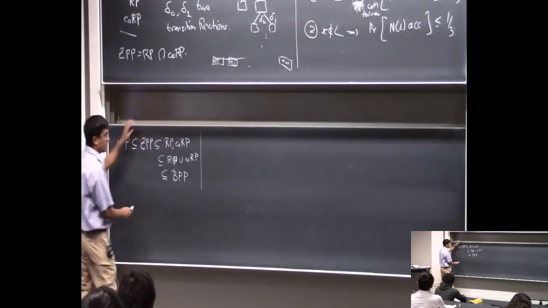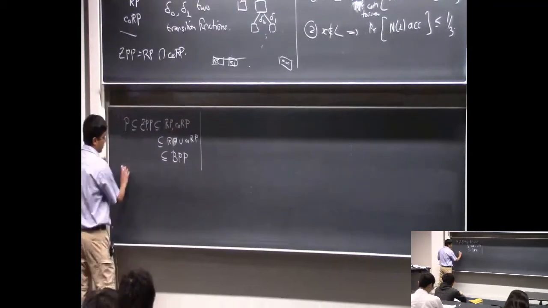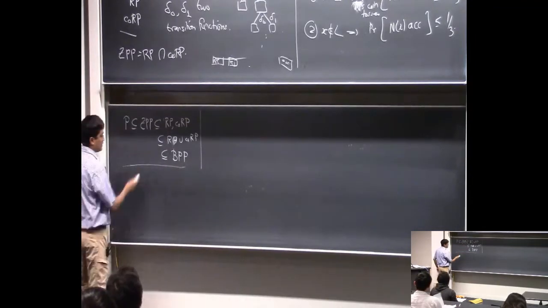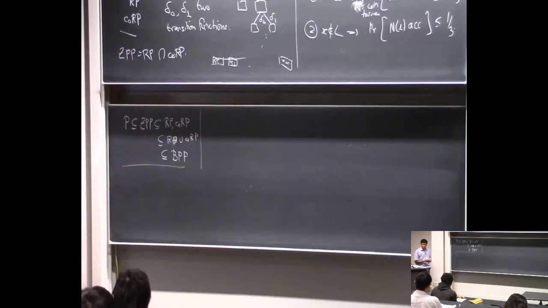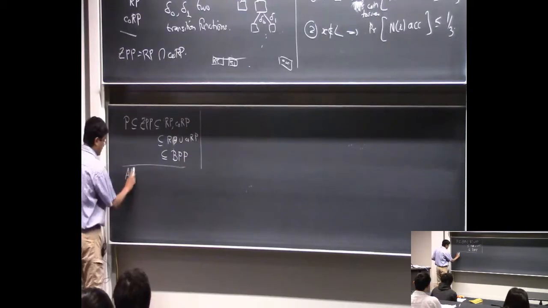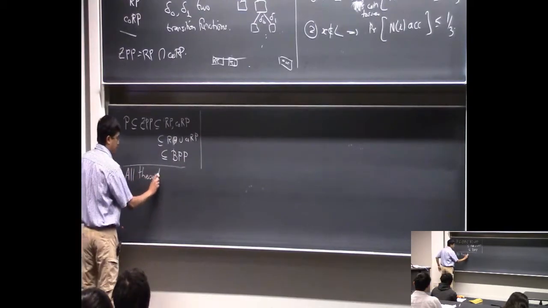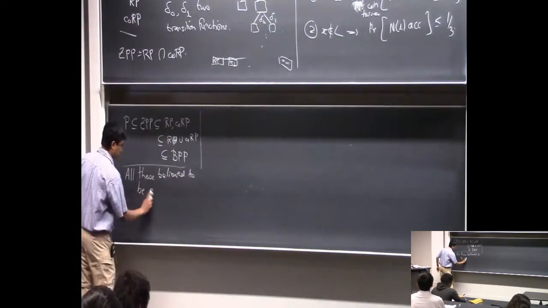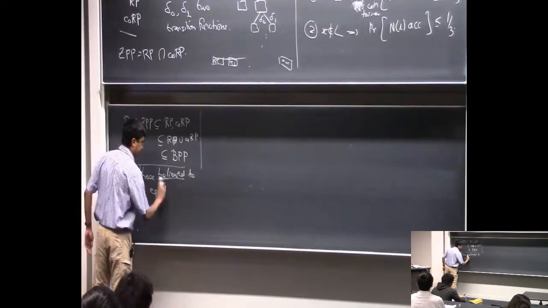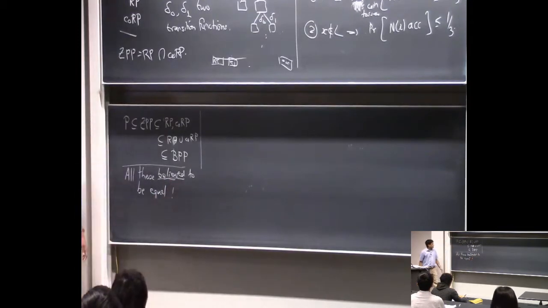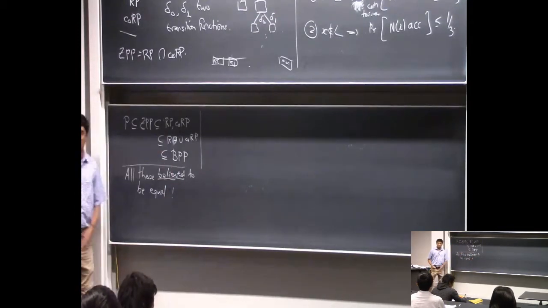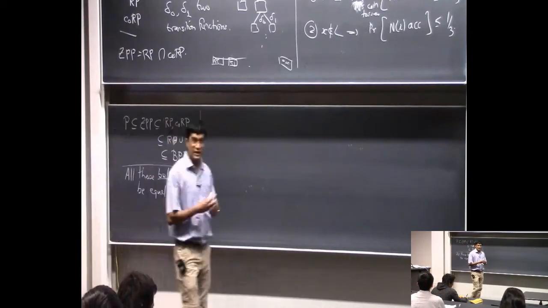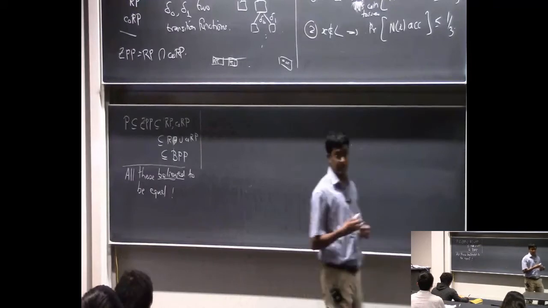But one peculiar thing which I think probably you were told a couple of times is that in fact, while you have this hierarchy and probabilistic computation seems very powerful, a quite surprising thing is that all of these are believed to be equal. Though of course we can't show this. So we cannot show that any one of these is in fact an equality, but somehow we don't believe that, for example, even having two-sided error allows you to do more things than polynomial time.